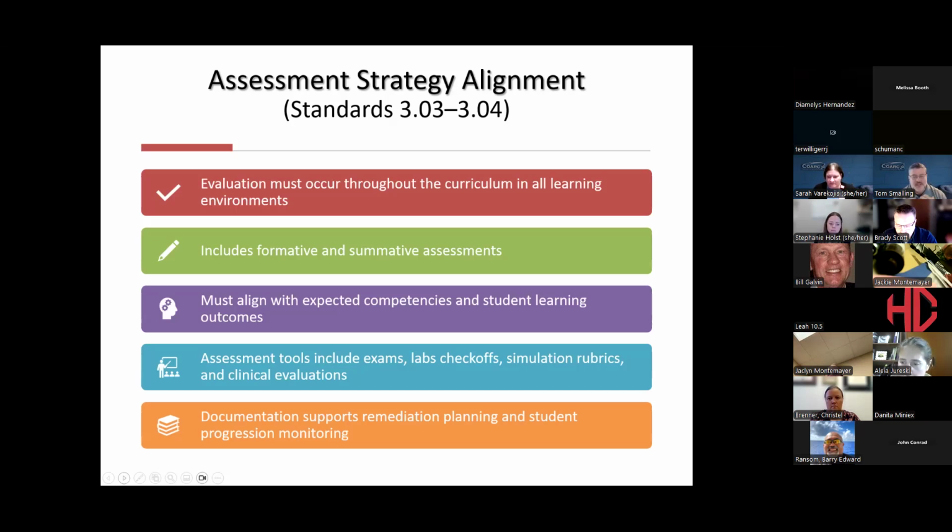Again, these evaluation tools: exams, labs, simulations, and clinical evaluations. The cohort is going to have a lot of tools over the next year to help you: guidance documents, sample forms, things like that. We've heard your feedback, and we're going to give it to you in the coming year. So this evaluation and strategy alignment supports student progression.